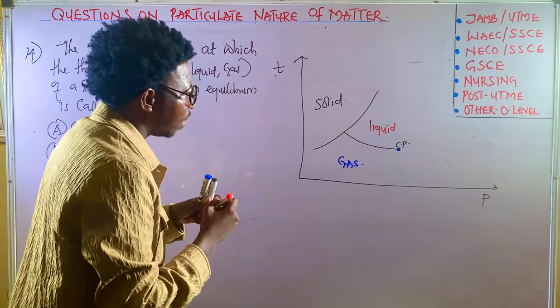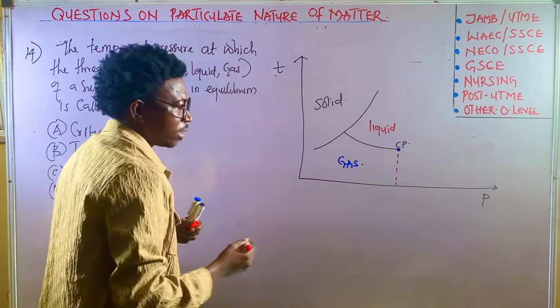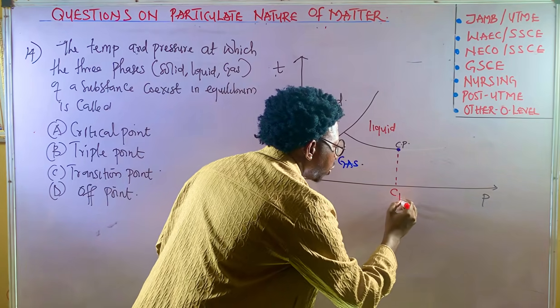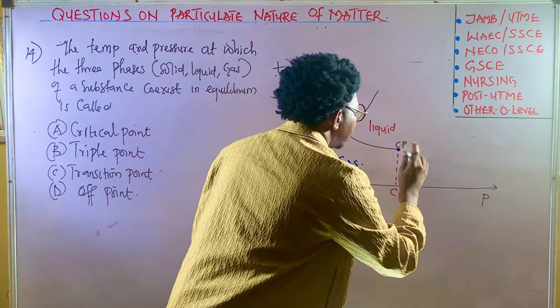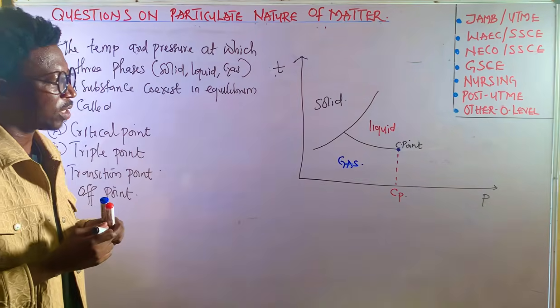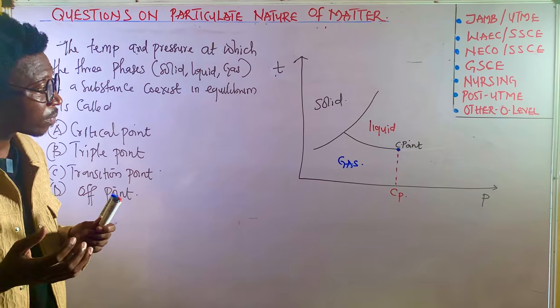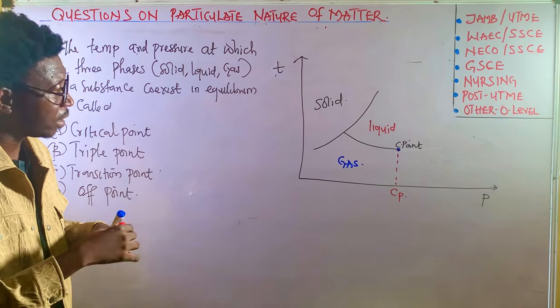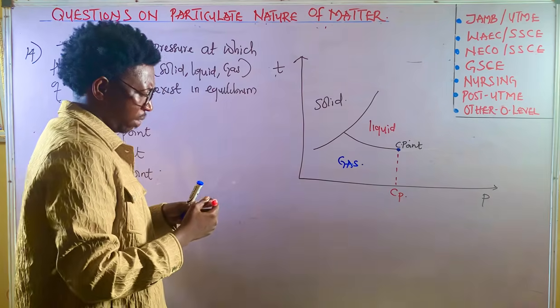If we trace this down, because it's towards the pressure axis, I'm going to call this the critical pressure. This critical point, the point where the liquid and the gas state of the substance coexist, where there's no boundary between them. This axis is called critical pressure.